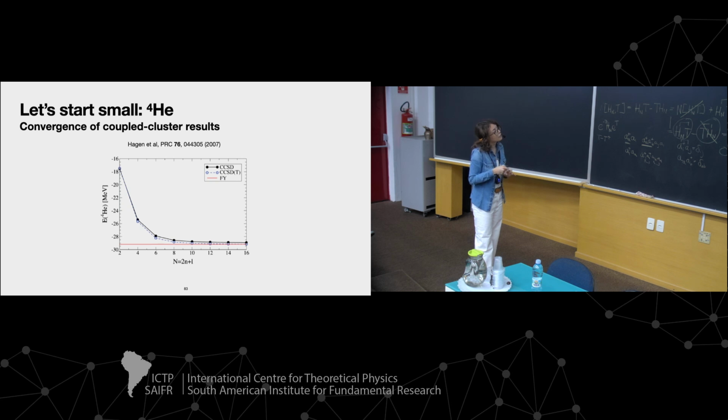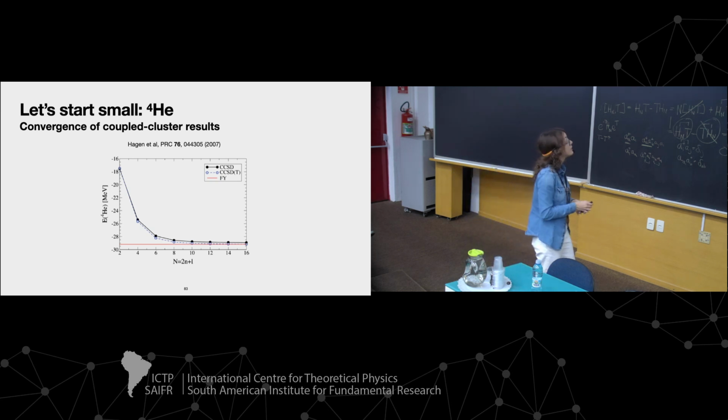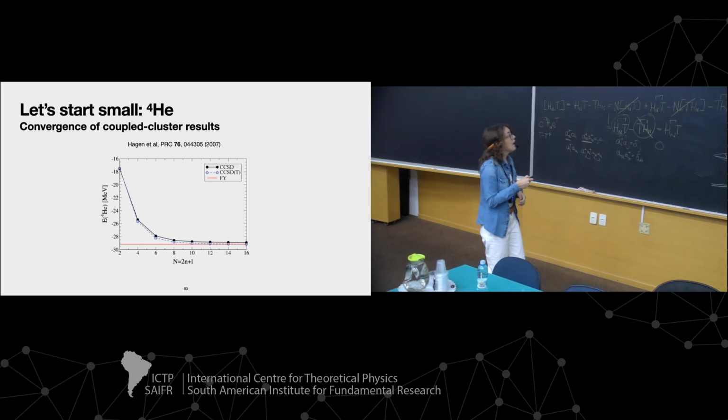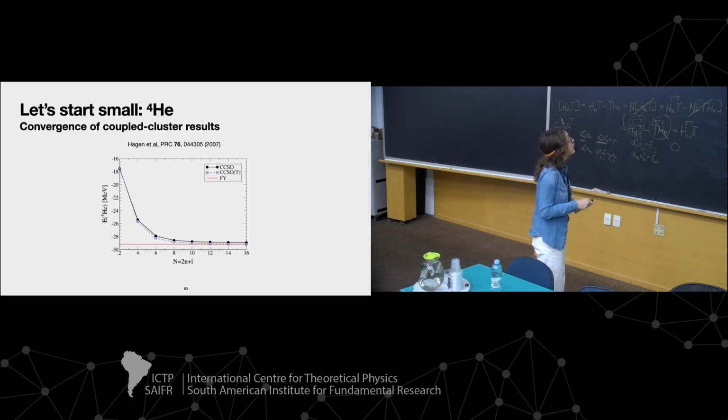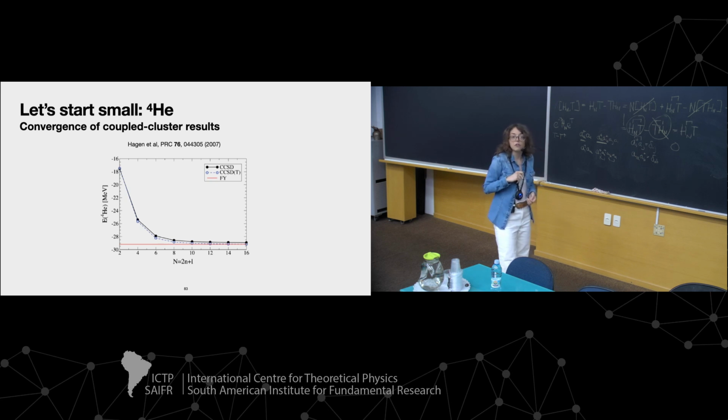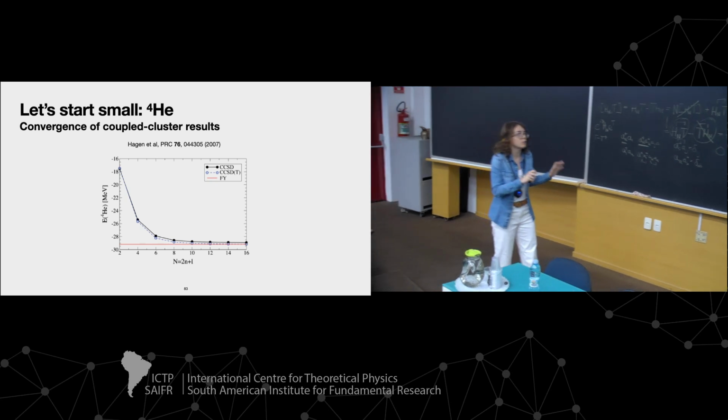And here you can see also the convergence of the ground state energy of helium-4 with respect to Nmax, so with respect to the number of major oscillator shells that we have in our system. And we see that first, CCSD is able to get a lot of the correlation energy already, and with triples we get exactly on top of experiment. So this is very good.